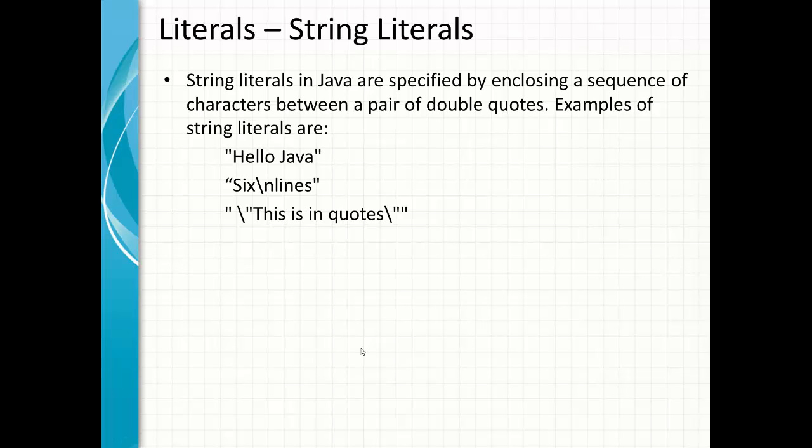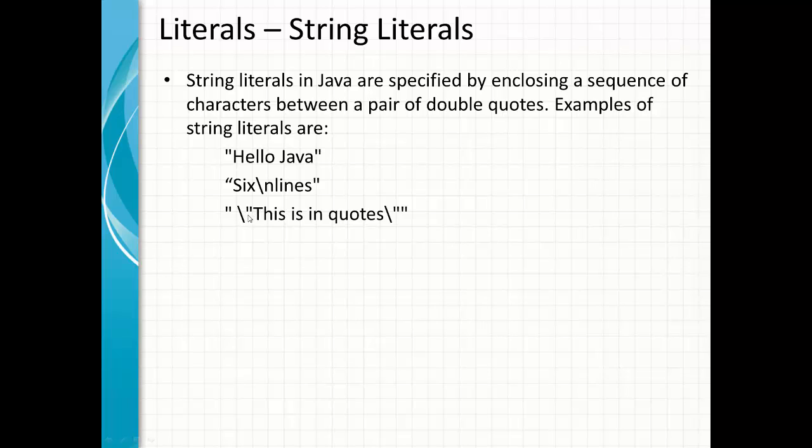Now, string literals. String literals are represented between double quotes. In the example you see over here, hello Java, it is in double quotes, starting quotes and ending quotes. Over here, it's a string, and we are using 6 newlines.